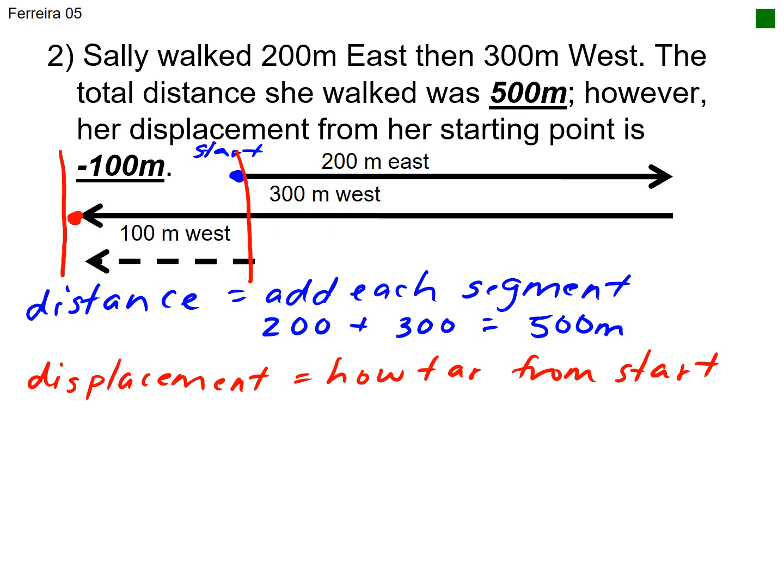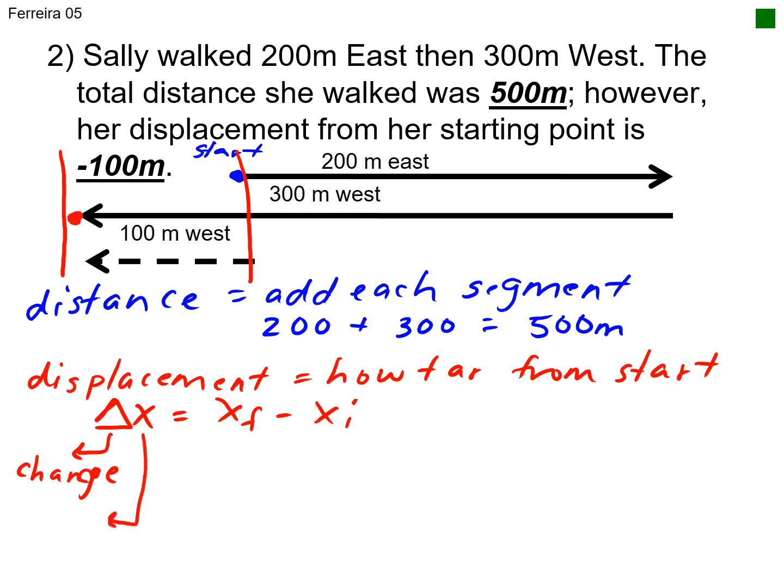The equation we're going to use is delta x equals xf minus xi. This triangle is actually the Greek symbol delta, and it means change.